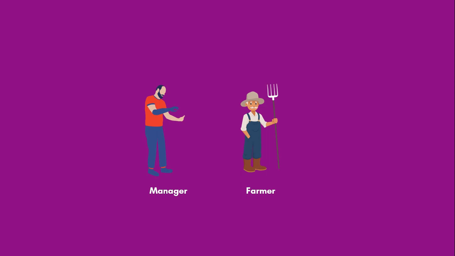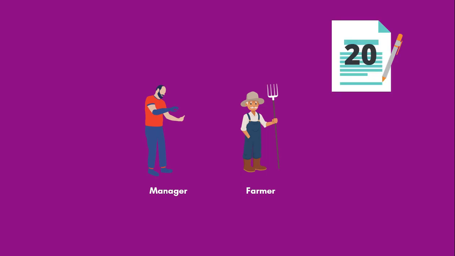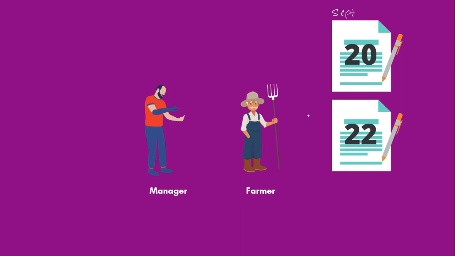Say for the September month, the manager and farmer negotiate and decide the price to be say 20 rupees. So irrespective of the potato price in the month of September, they would do the transaction at 20 rupees itself. Similarly, today itself they can decide the price of the November month contract to be say 22 rupees. So irrespective of the prices in the month of November, the potato price would be 22 rupees itself in their transaction.